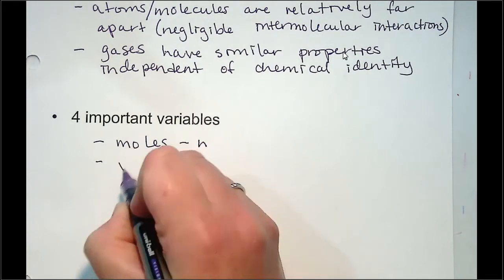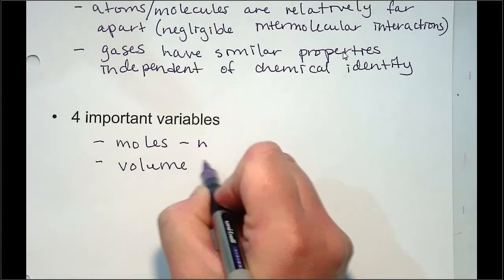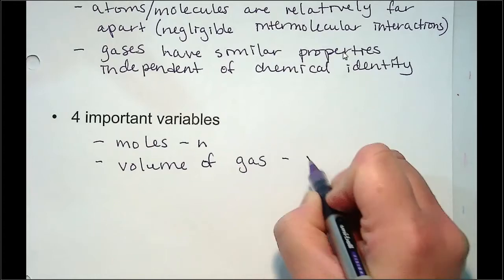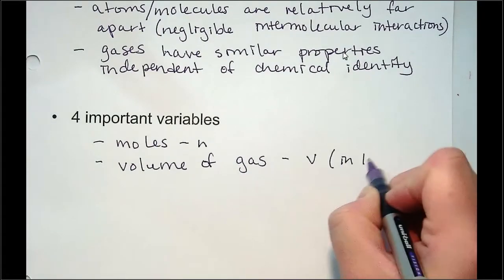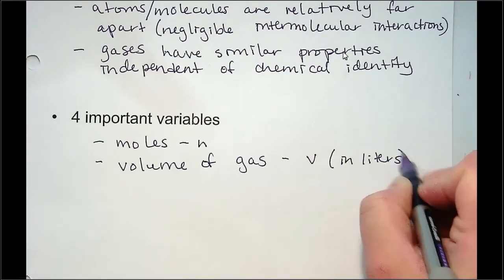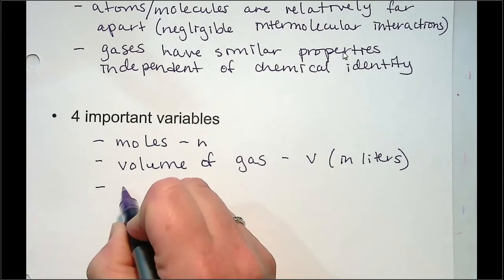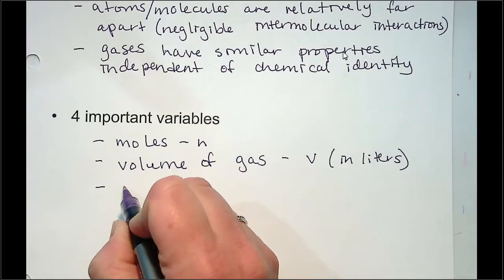Okay, also volume. The volume that we're going to be measuring is going to have units of liters. Sometimes you're told stuff in milliliters. You want to use liters because that's going to give you a direct relationship with other variables. The other thing we're interested in is, any guesses?